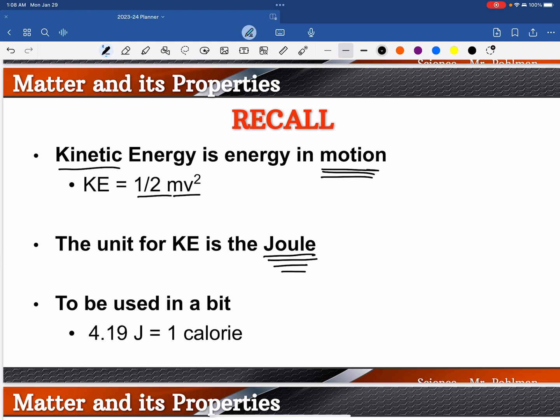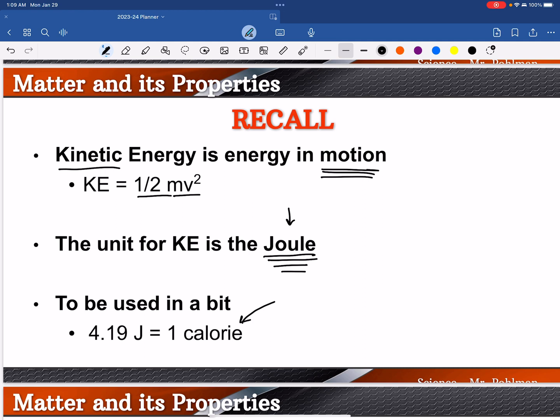In the second half of the year, when we're talking about particle motion, temperatures rising and lowering, you might come across different references on the internet, in the textbook. They might use joules, but what we will be using is the term calorie.